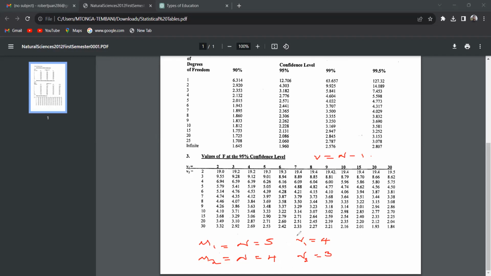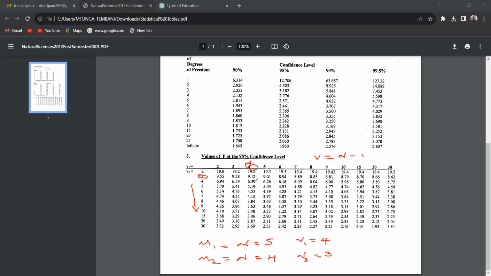If you have observed very well, you have the V1 on top. So the V1 is acting as the row, and the V2 is acting as the column. V1 is 4 and V2 is 3, so you'll be at this point here.